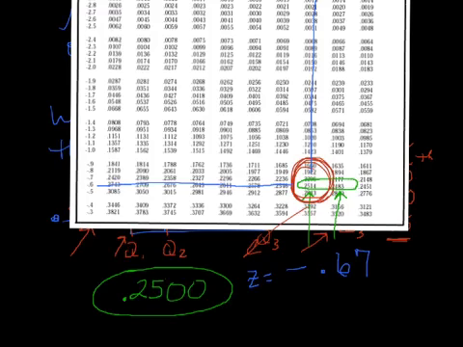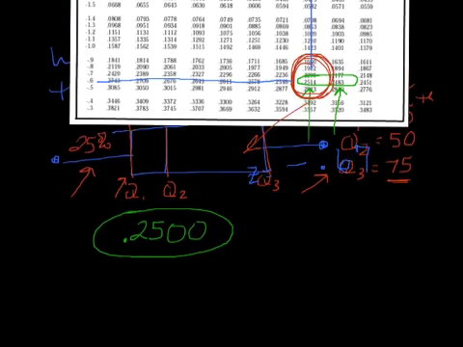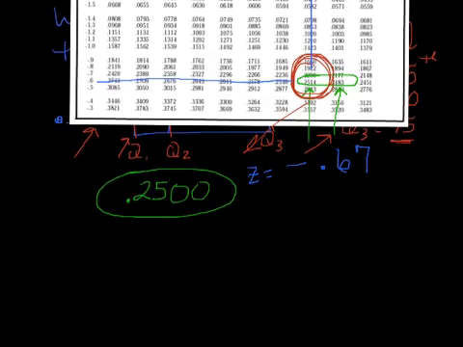I'm going to scoot everything up so I've got room. To find an x value, we have z-score. Now be careful in your calculator. Make sure you enter the negative when you do this. So negative 0.67 times my standard deviation. Oh shoot, I forgot what it was. Standard deviation was 41.3 milligrams.